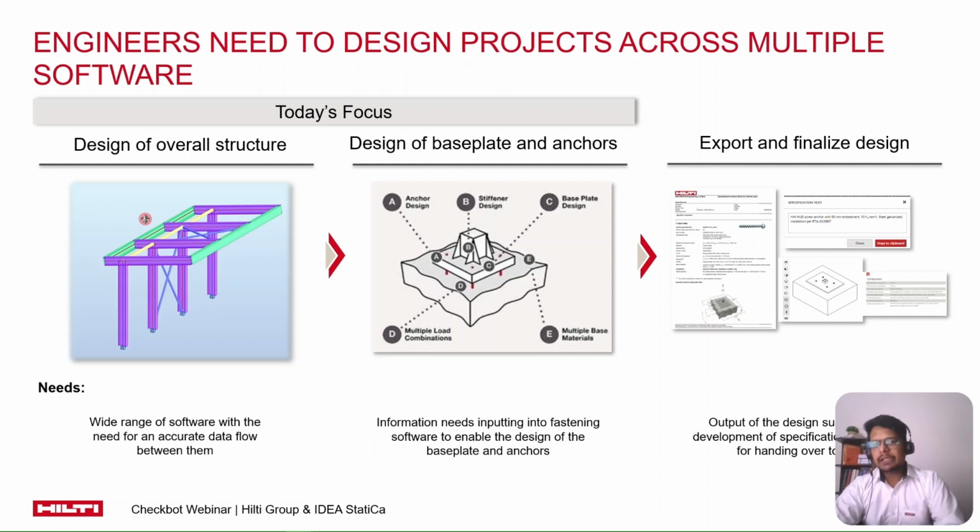And the main need here is to make sure there is an accurate data transfer from one software to another software. Lastly, once all the elements have been designed, there is a need to consolidate all these specifications and documentation. It is crucial to make sure that the information handed over is accurate, as this will have an implication on what gets executed on the site.